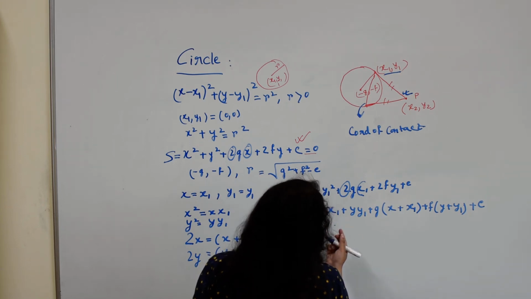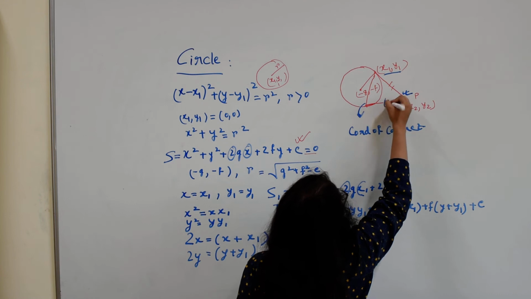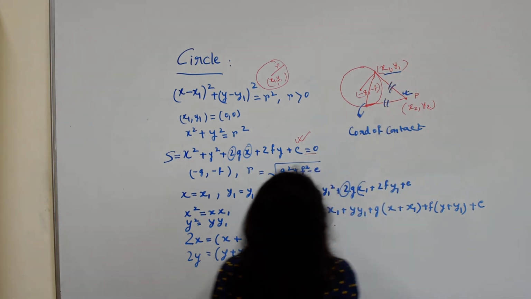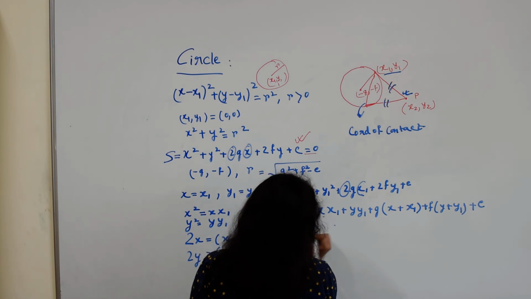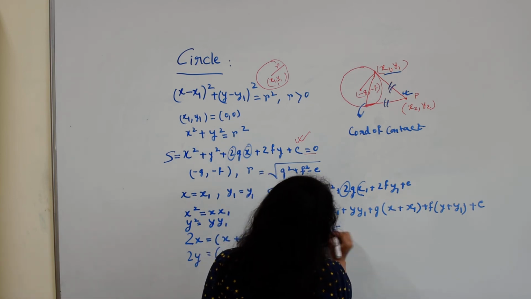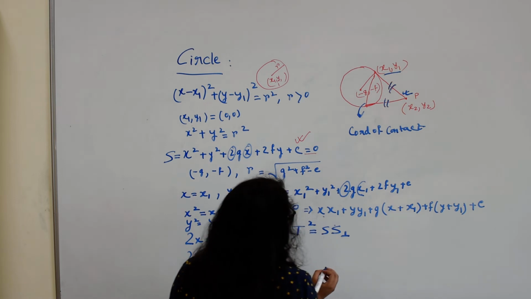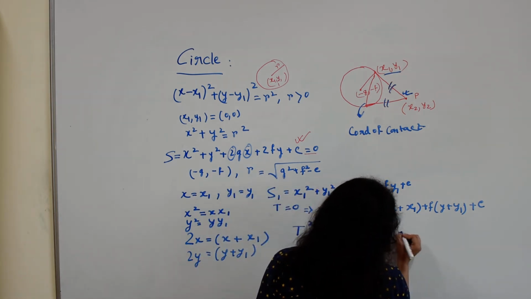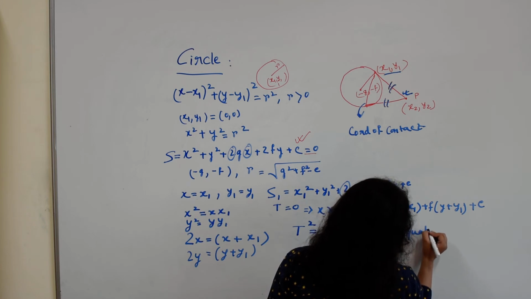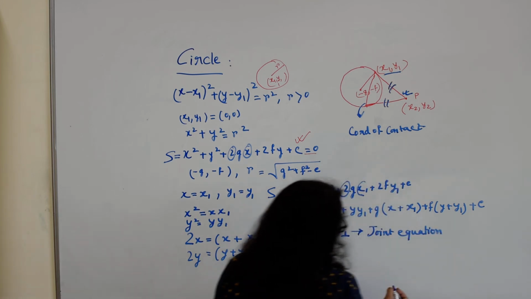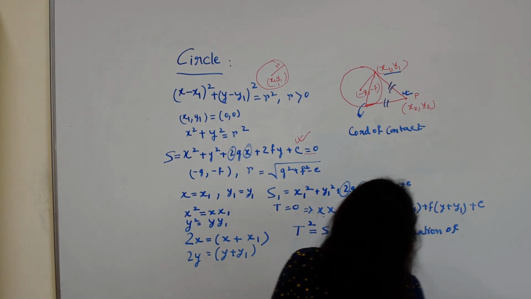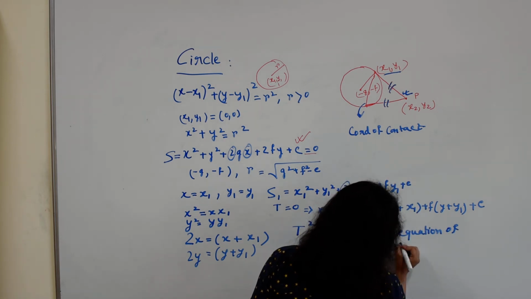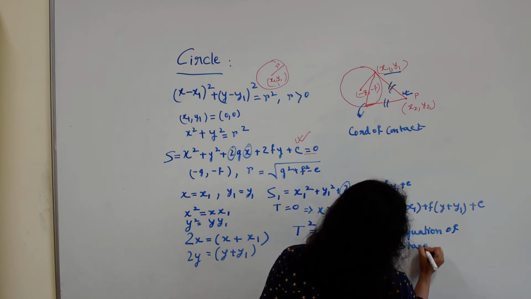We will get the pair of these tangents. The joint equation of the pair of tangents will be T square equals S into S1. So this is the equation of the joint pair of tangents.